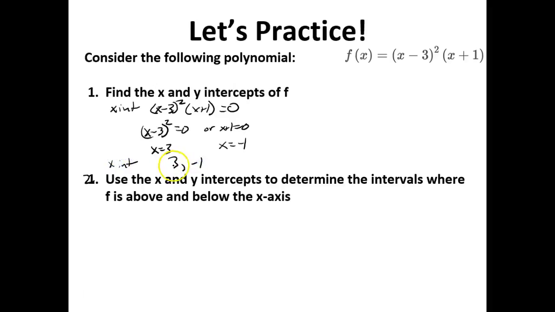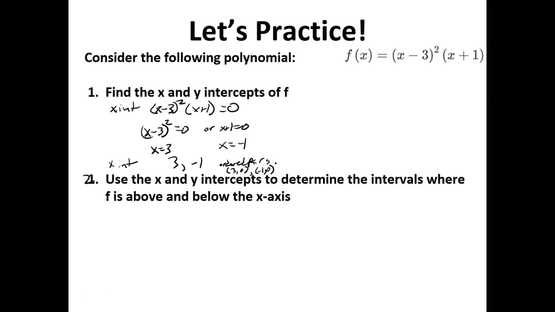Keep in mind, if it asks for ordered pairs, you'd have to do 3, 0 in parentheses, and negative 1, 0 in parentheses, as ordered pairs.